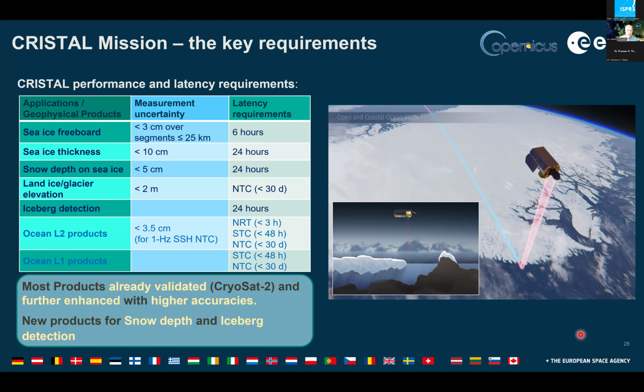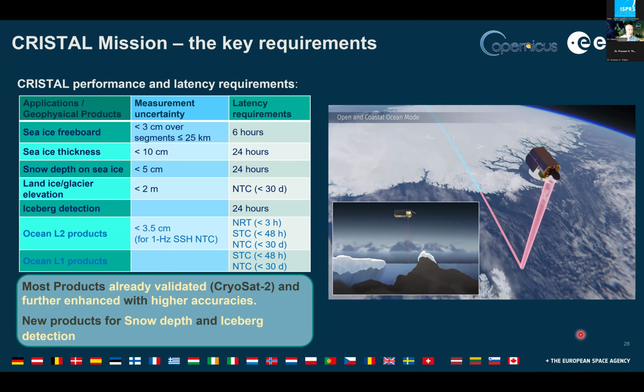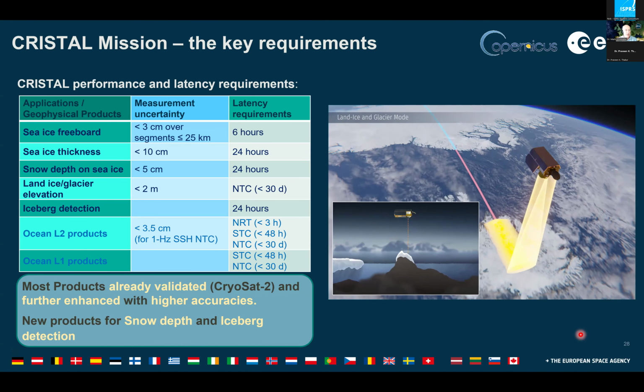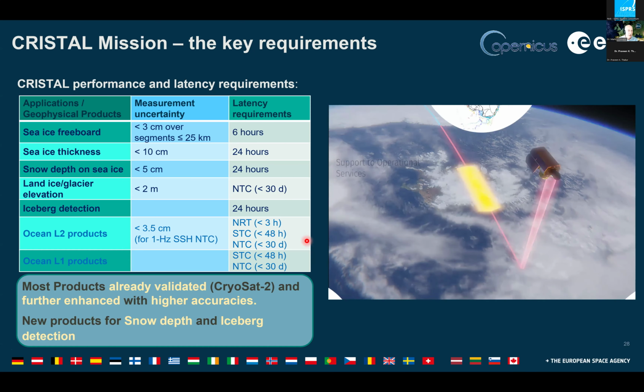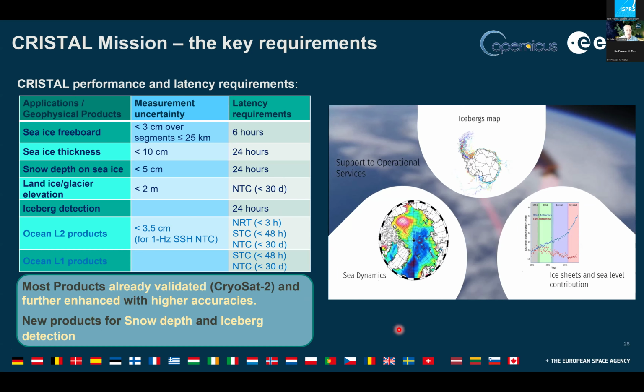Here you see CRISTAL flying over the ice sheet, and you can see the standard products on the left in the table, together with the latency of the data products, which we'll be producing in both near real-time (NRT) and standard time processing, and then we'll also have climate offline processing for precise records, particularly for the ice sheet elevation change and its contribution to sea level. So that's CRISTAL and how it can be added in the future.